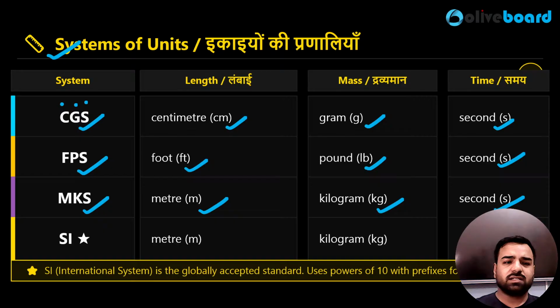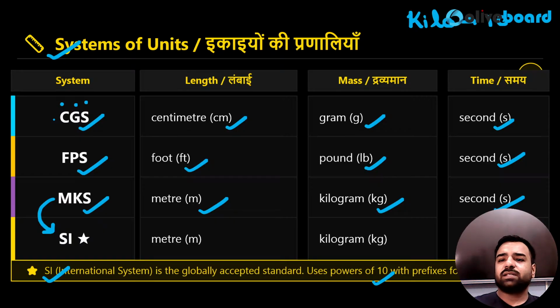You've discussed CGS, FPS, MKS, but there is an internationally accepted system known as the SI system. So is it any separate system? No. The SI system is actually linked with MKS only. So SI, that is the international system, is a globally accepted standard, and it uses powers of 10 with prefixes for easy conversion. Let's say I'm talking about kilo, for example.